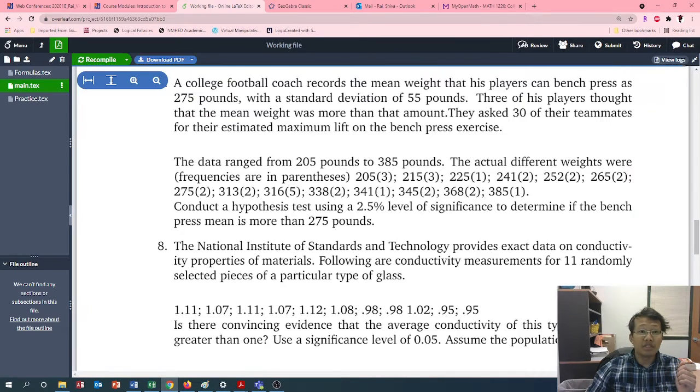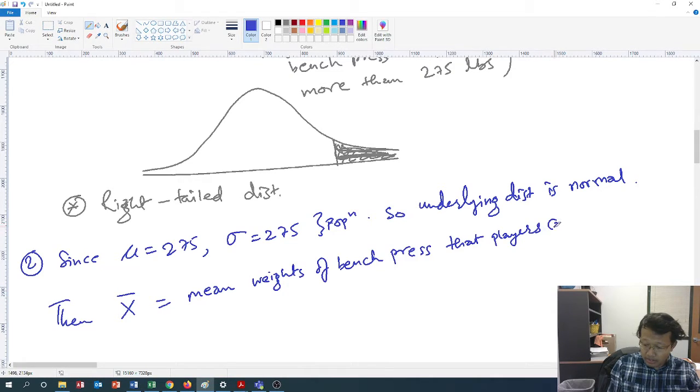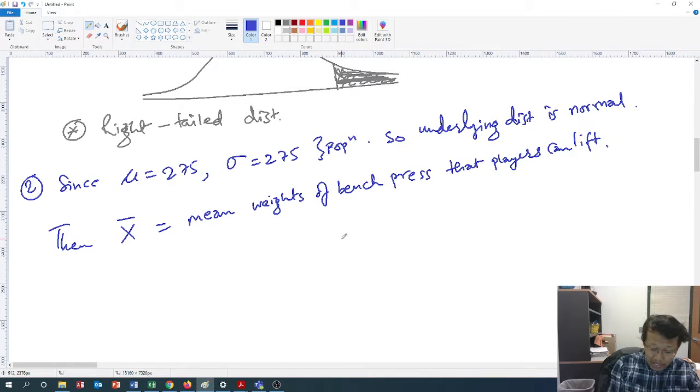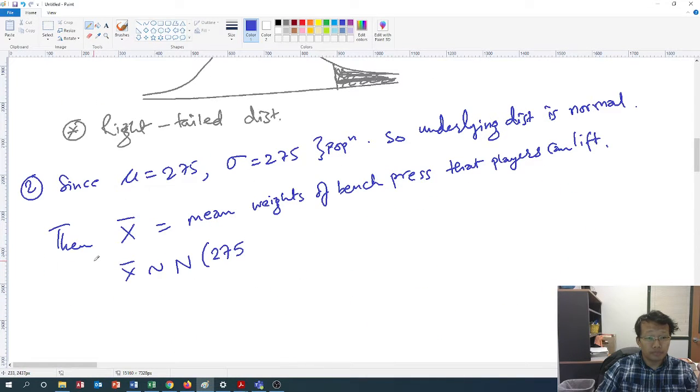Since the mean and standard deviation are already given, this is a normal distribution. The distribution we are working with is the sampling distribution of the mean, where x bar is what the players can lift. Statistically, x bar is normal with mean 275, which comes from the population mean, or you can simply say from the null hypothesis, and standard deviation sigma over root n.